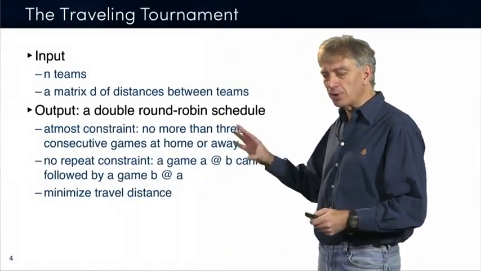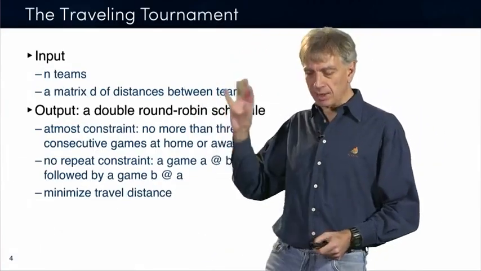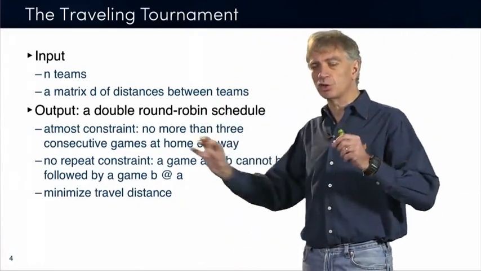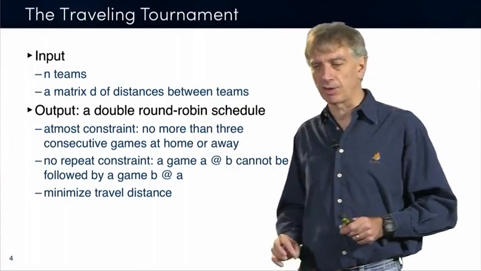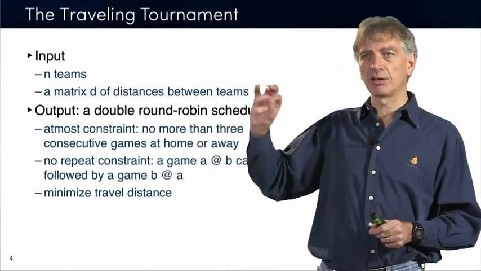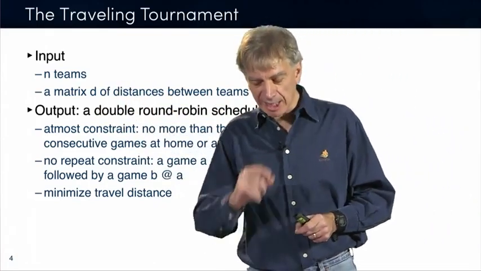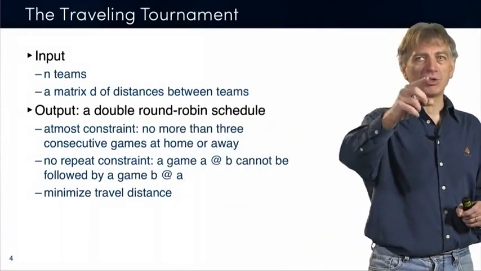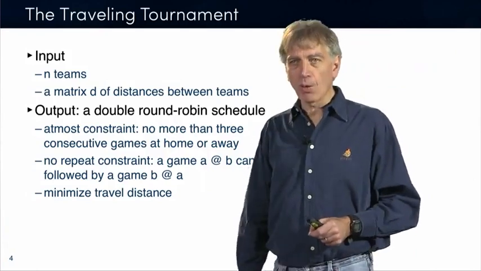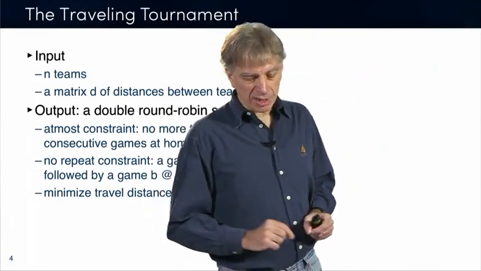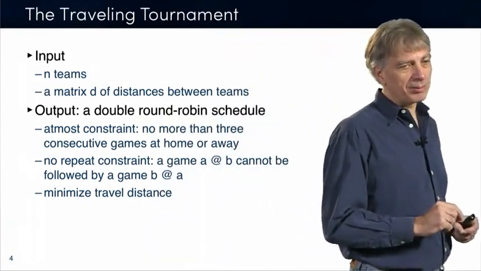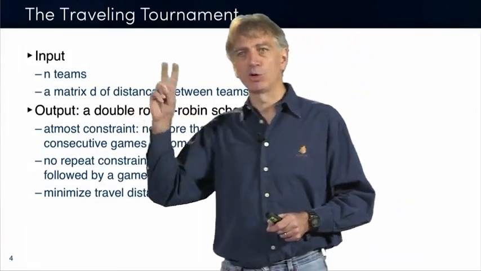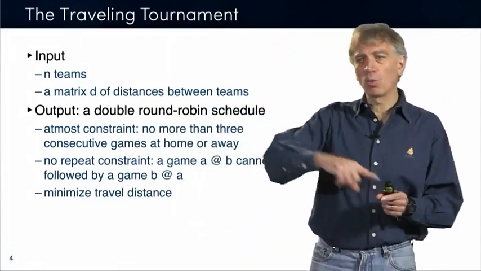The tension between these two things is what makes this problem very hard. The input is very simple. You have n teams, and you have a matrix, which I will call D in this lecture, expressing the travel distance between every two teams. It tells me the distance for traveling from team A to team B. What I want as the result is a double round robin schedule, which means that every team has to meet every other team twice, once at home and once away.